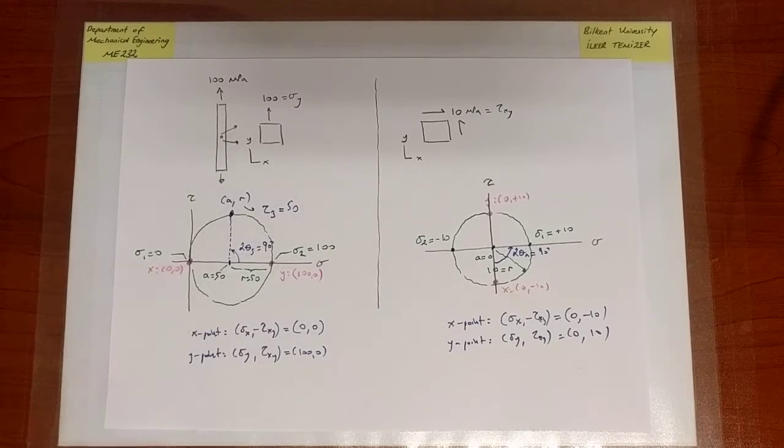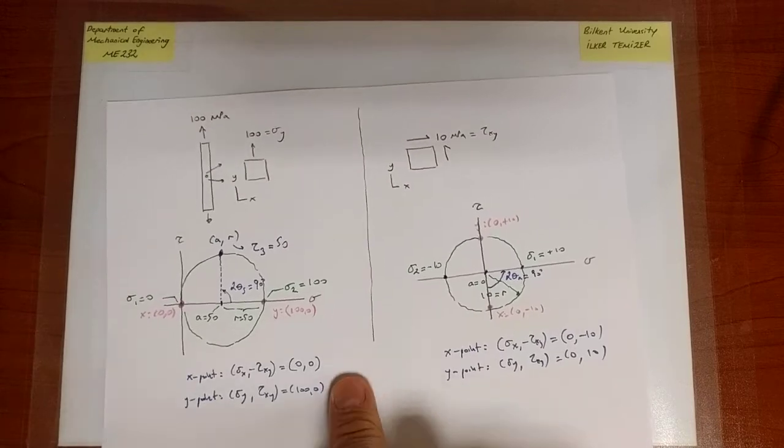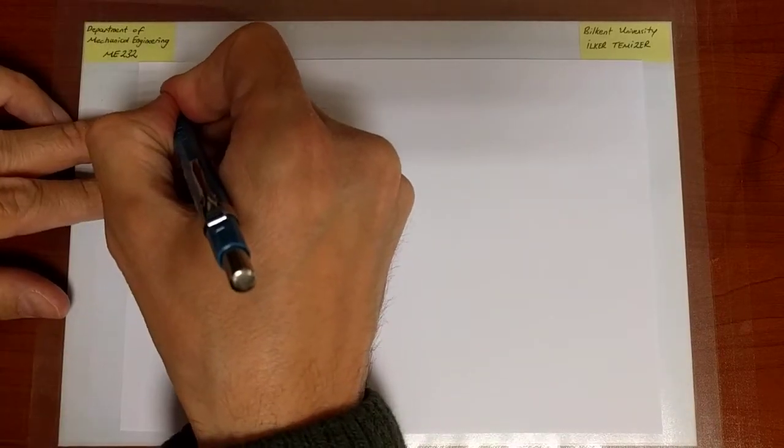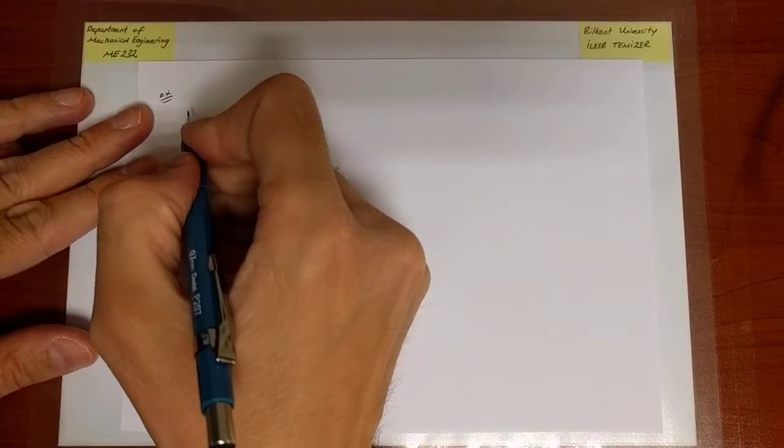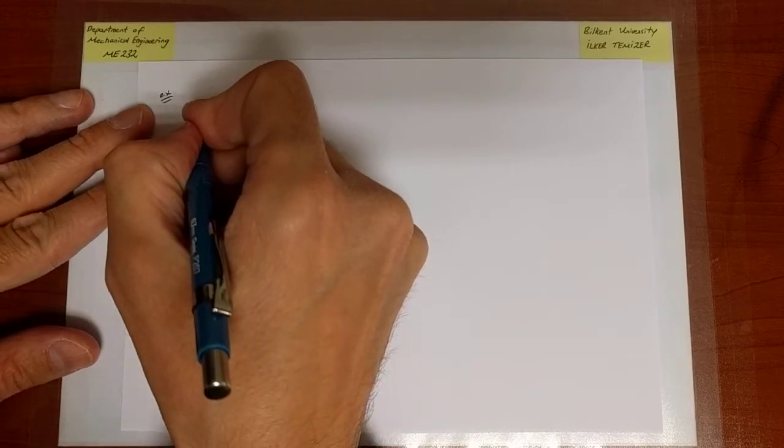So we can go ahead and now solve a slightly more complicated example. Now that slightly more complicated example is based on a given state of stress. So now that state of stress can be given to you explicitly or geometrically. So in this case, let us provide it explicitly.